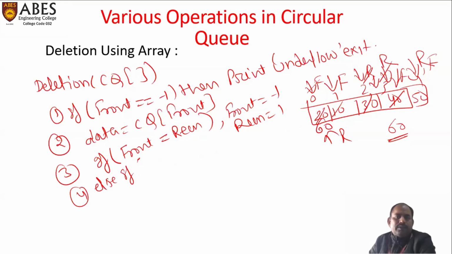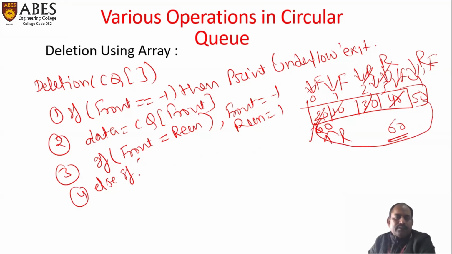Another case is when the value of front is at size minus 1 and we have already inserted an element at the starting index. Then again front can move from this position to the start. So we have to include this case also.